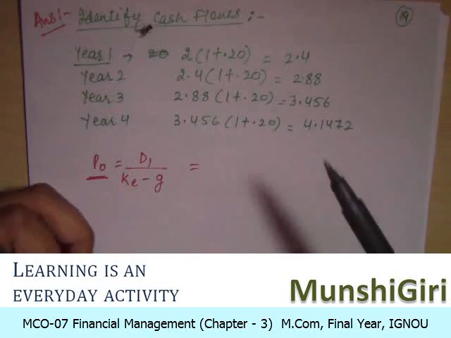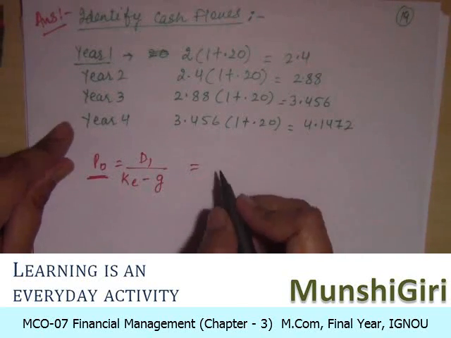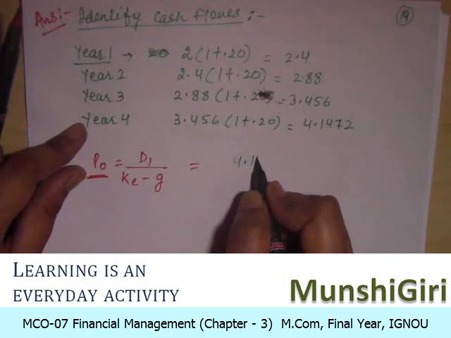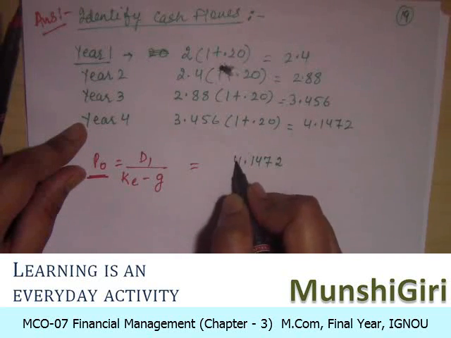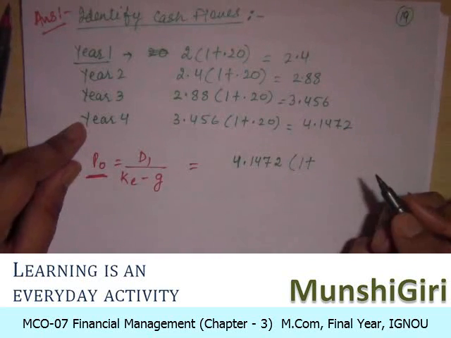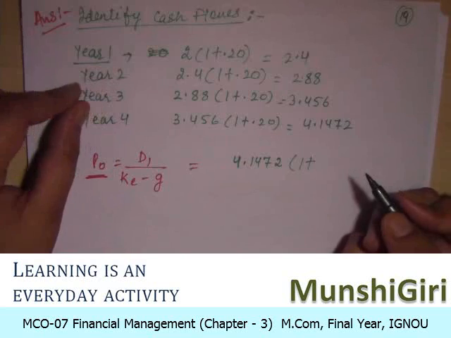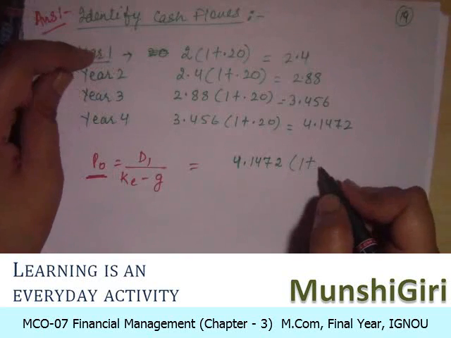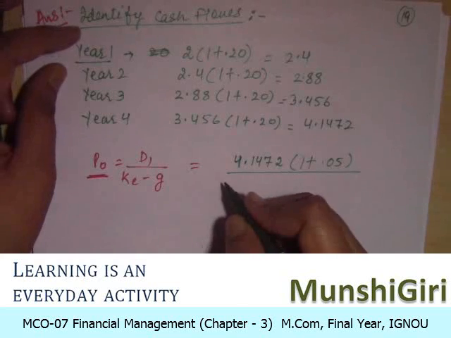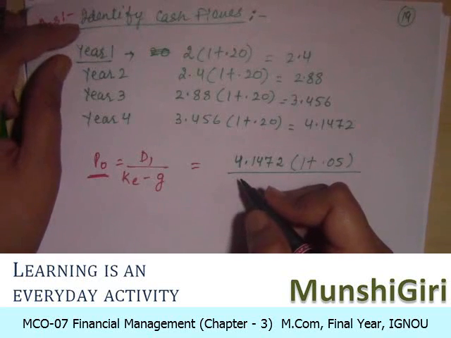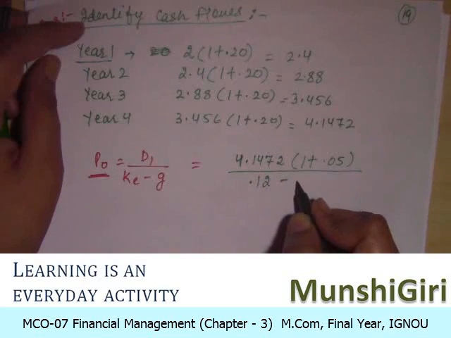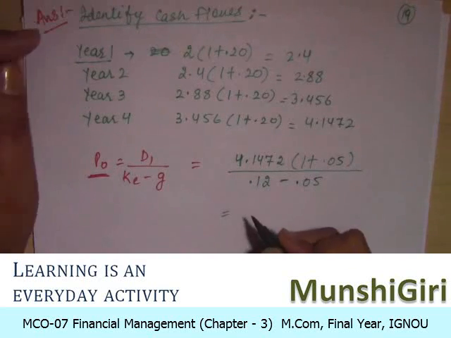So D1 in this case, what will be D1? The dividend at year 4, 4.1472, and the growth rate in this dividend is expected to be 5%. It was mentioned in the question. This is 0.05 divided by KE. KE is the rate of return which was given in the question as 12%, 0.12, minus the growth rate 0.05.